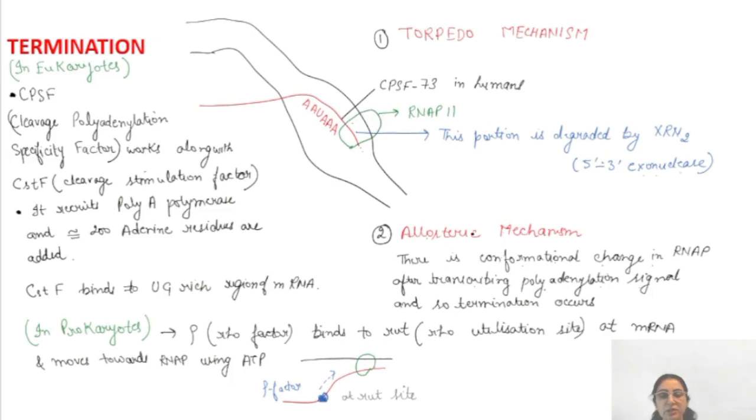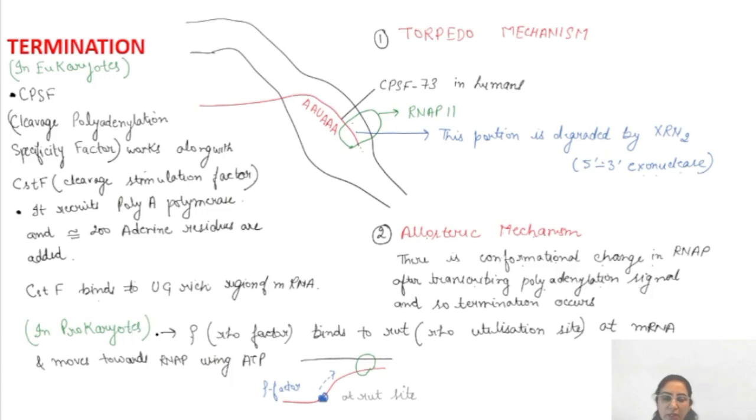So this is the other mechanism. Also this CSTF, that is cleavage stimulation factor, which recruits the poly-A polymerase, it actually binds to the UG rich region of mRNA. So what happens in prokaryotes?